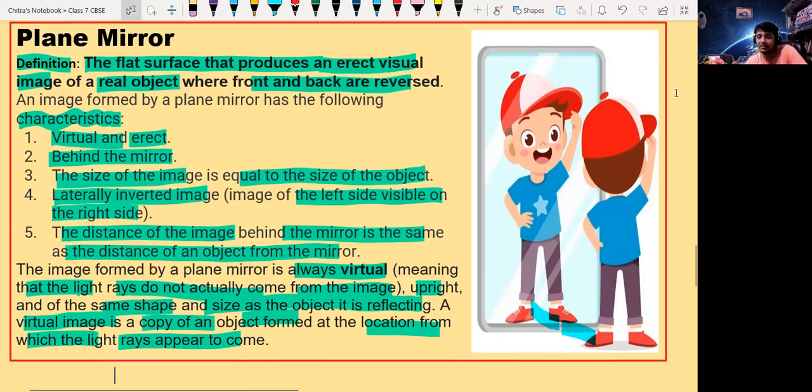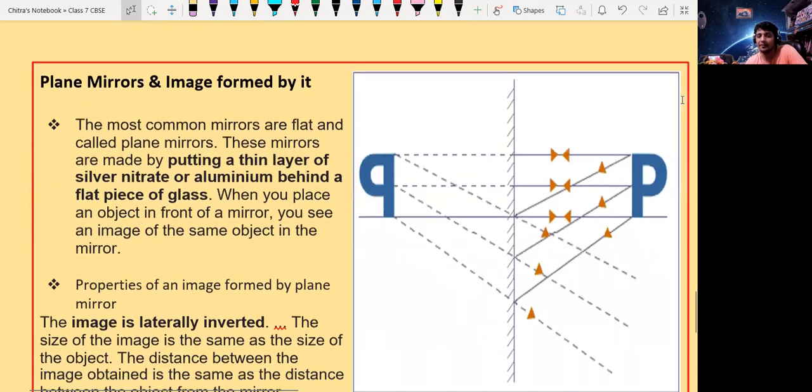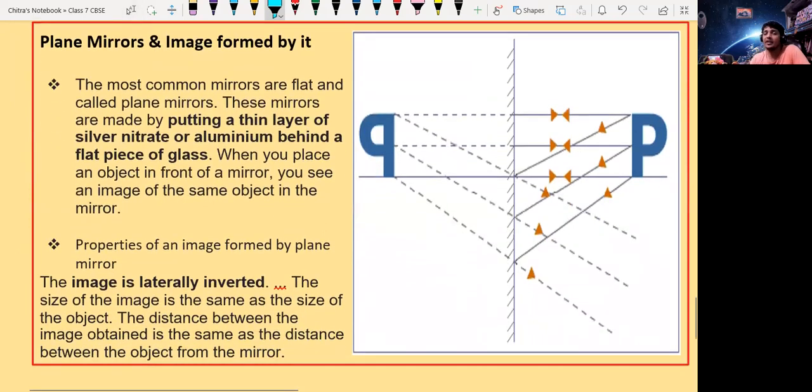Let's discuss more about the plane mirror. The most common mirrors are flat and are called plane mirrors.